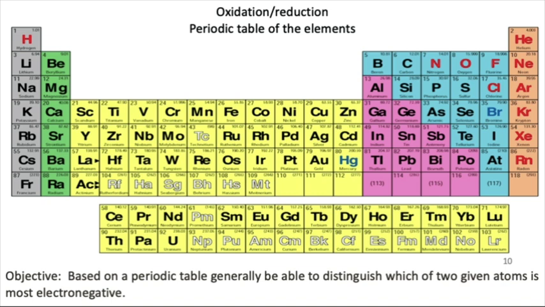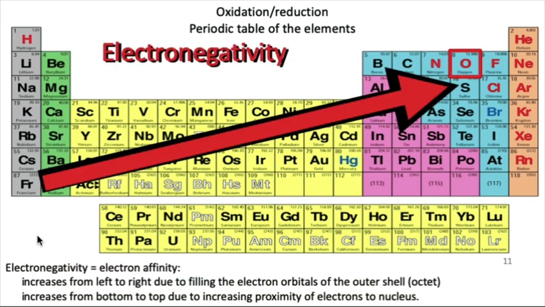I do not mean to frighten you with this slide, but I want to say there is one algorithm that covers essentially the entire periodic table. As atoms go from the lower left-hand corner of the periodic table up to the upper right-hand corner, electronegativity increases.